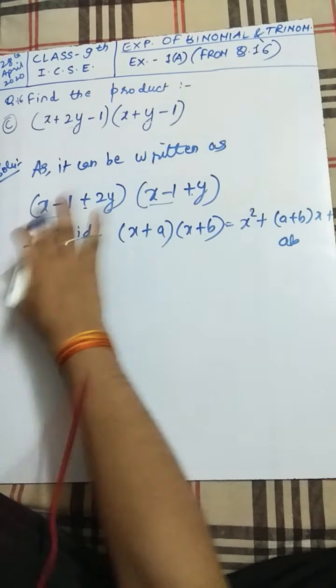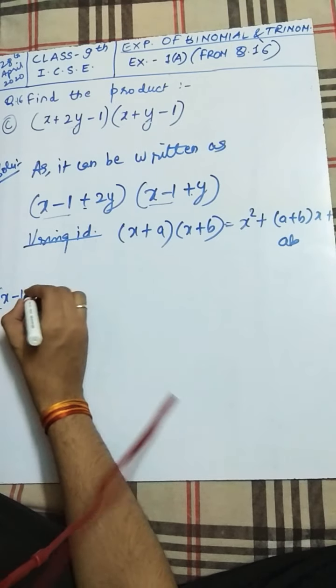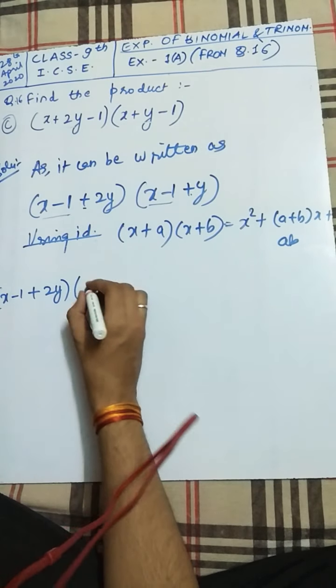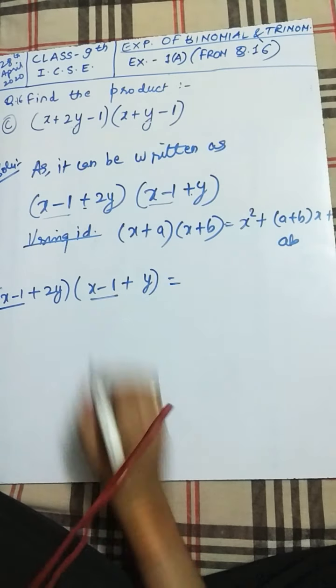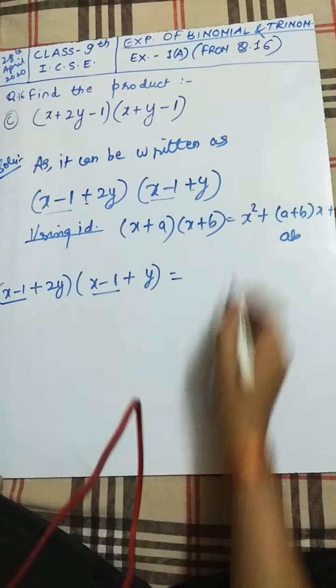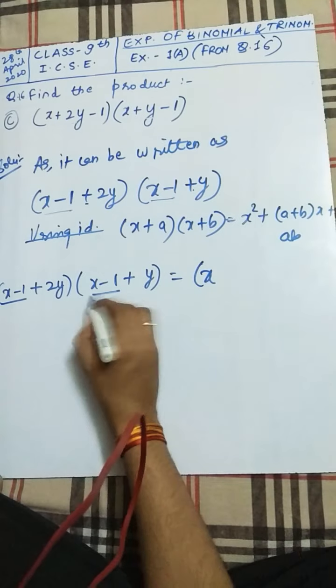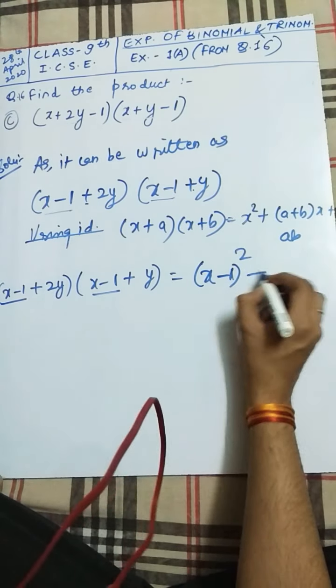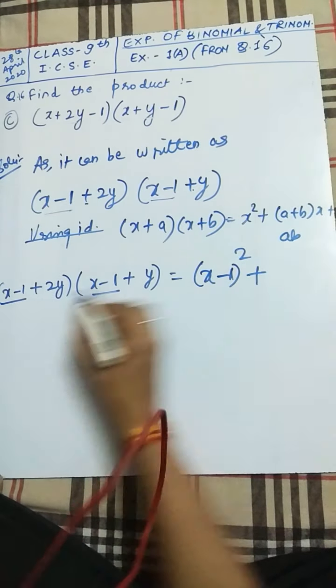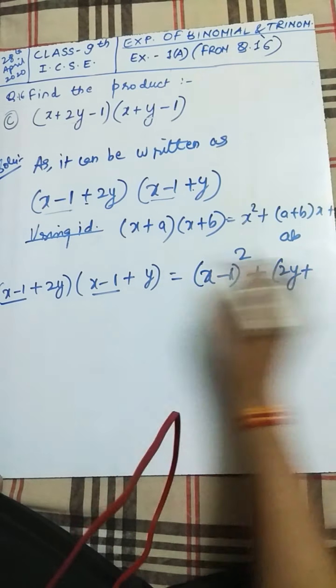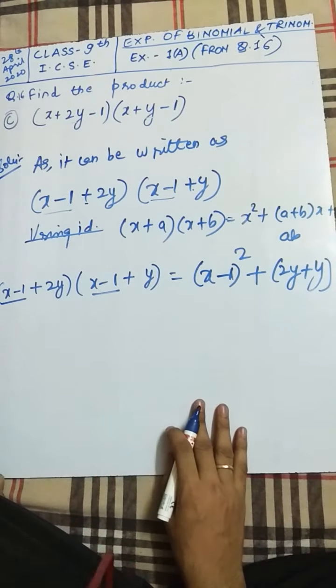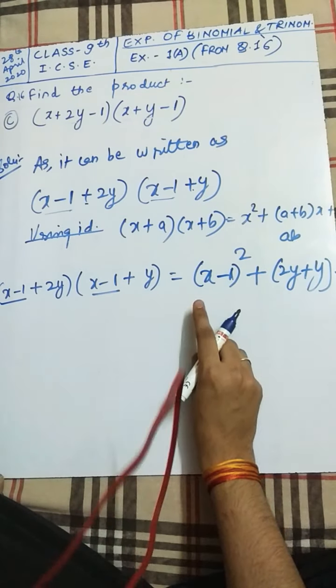So use it here. x minus 1 plus 2y and x minus 1 plus y, taking this as one unit. So it will be x square, and here we have x minus 1, so (x minus 1) whole square plus (a plus b), where a is 2y and b is y, into what is x.